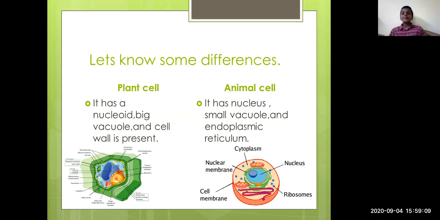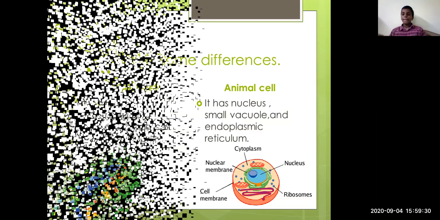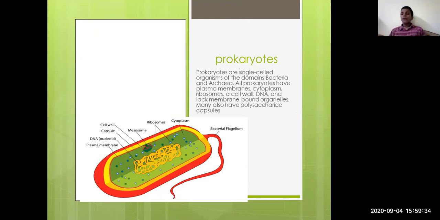Animal cell: instead of a nucleoid as in a plant cell, an animal cell has a nucleus, and it contains a small vacuole, and the endoplasmic reticulum is present instead of a cell wall. The cell wall is made up of cellulose.